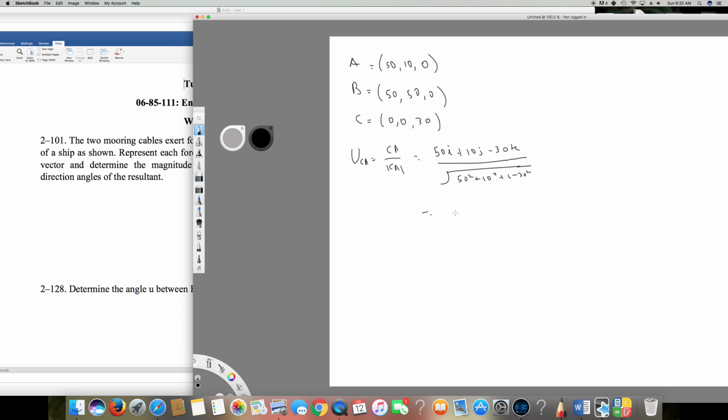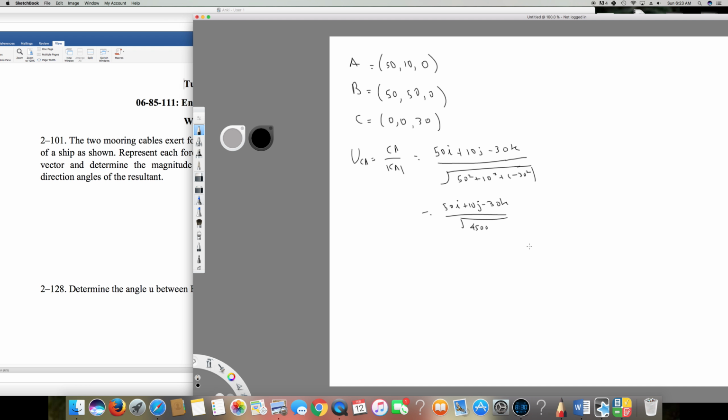So if I square all of them together, it's 50I plus 10J minus 30K over 50 squared is 2500, 10 squared is 100, 2600, plus 30 squared is 900, so 2600 plus 900 is 4500. So 4500 in the square root.